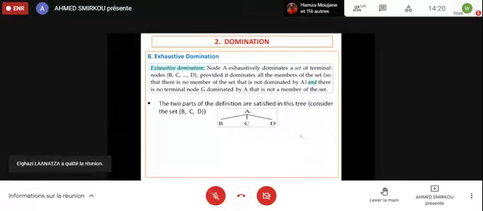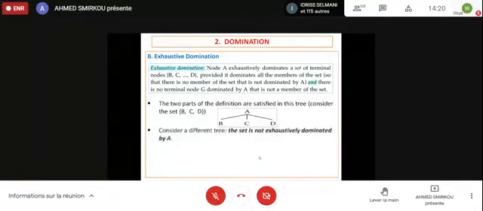First, A dominates all of them, all the members of the set, and there is no member of the set B, C, D which is not dominated by A, or which is dominated by A but is not part of the set. Okay, so look at this example.